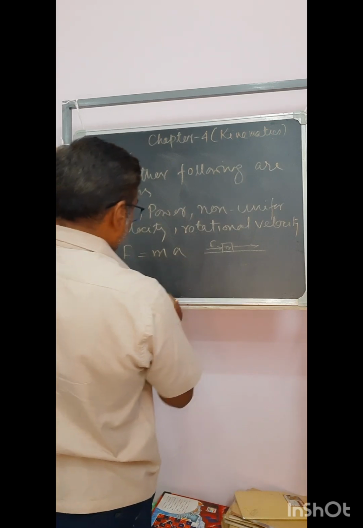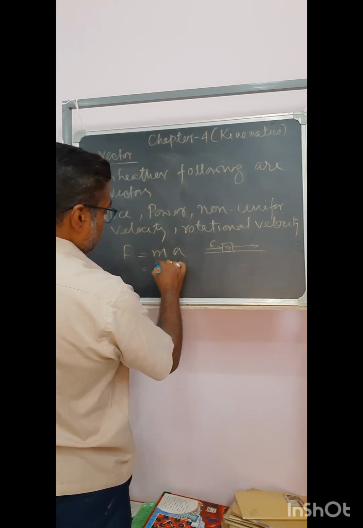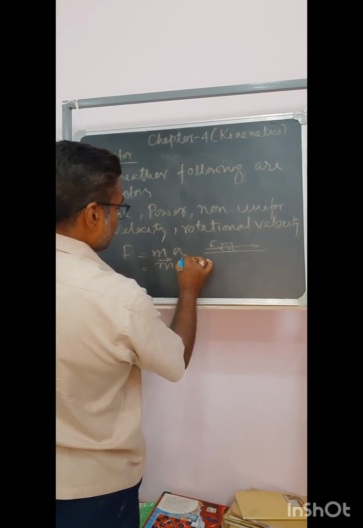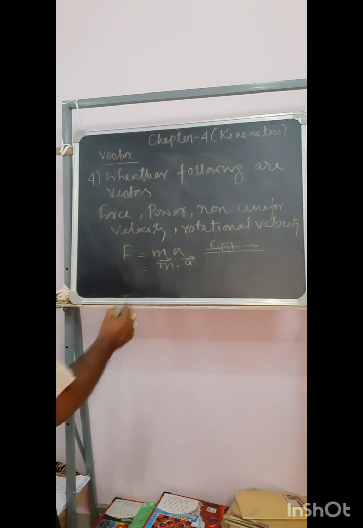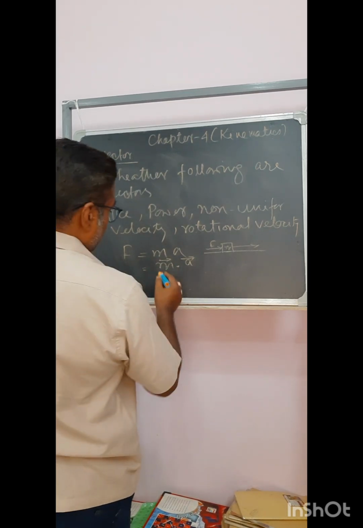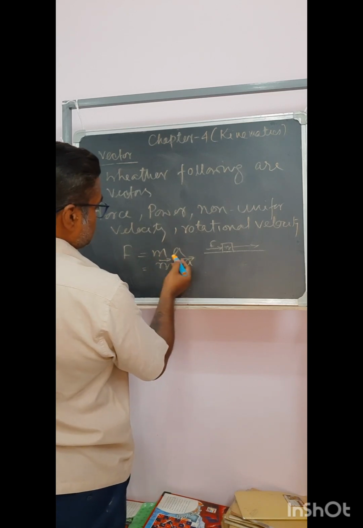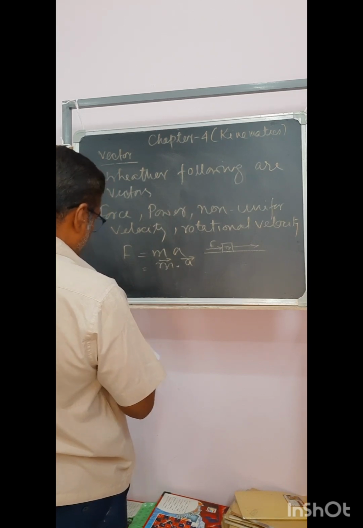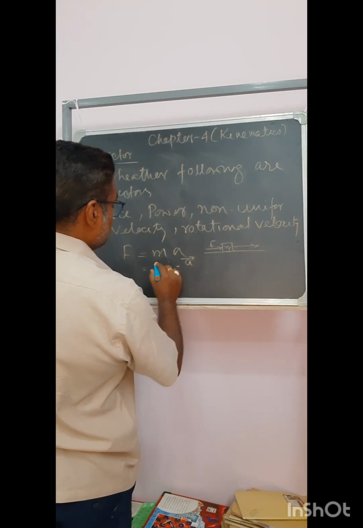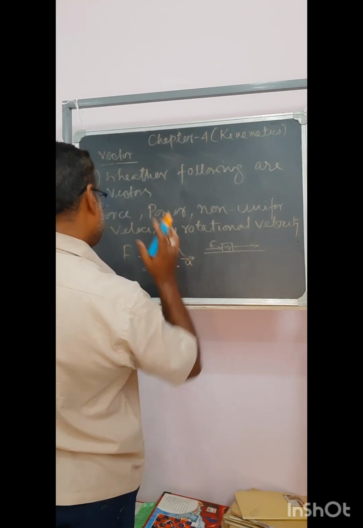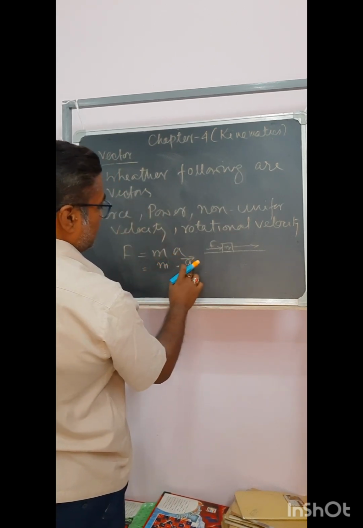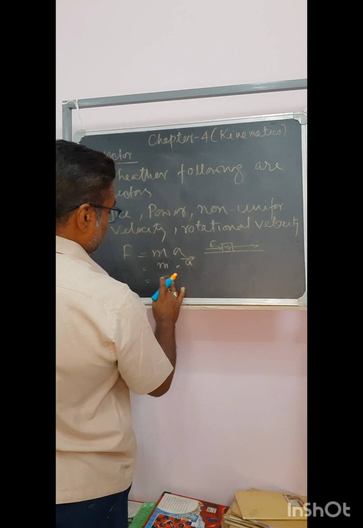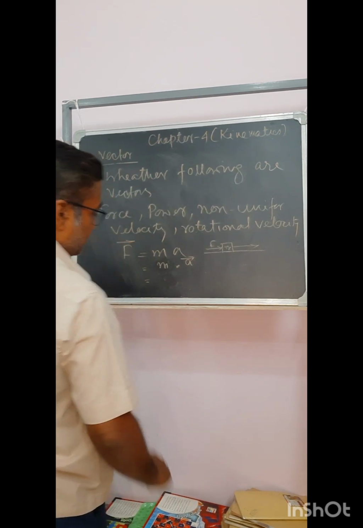So mass and acceleration are multiplied. Mass does not depend on the direction, so mass is a scalar itself. Acceleration is a vector. So any scalar into vector will give you a vector itself. So that means F is a vector.